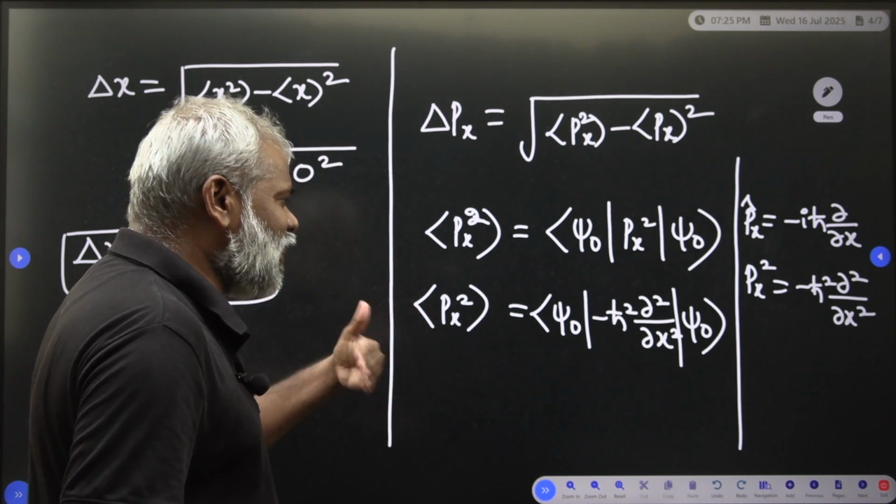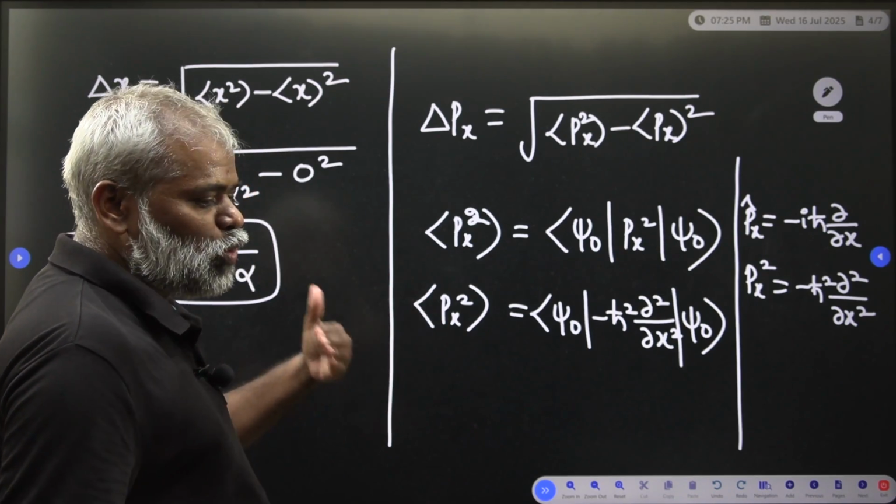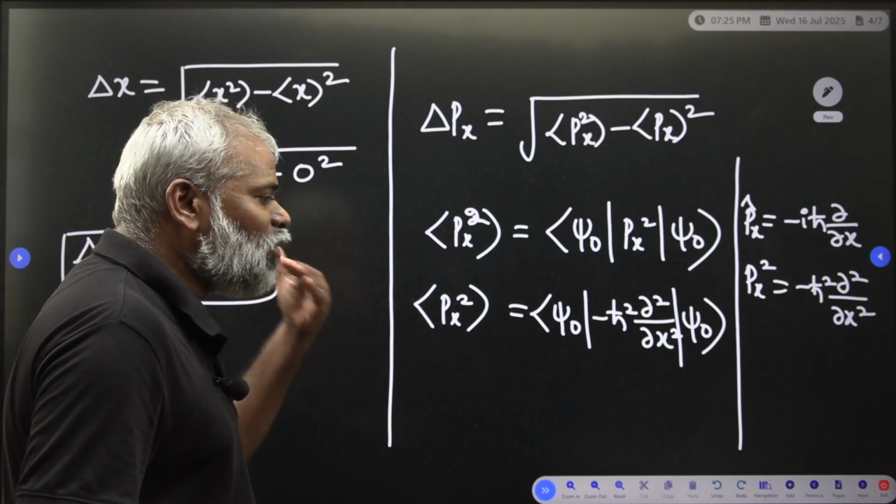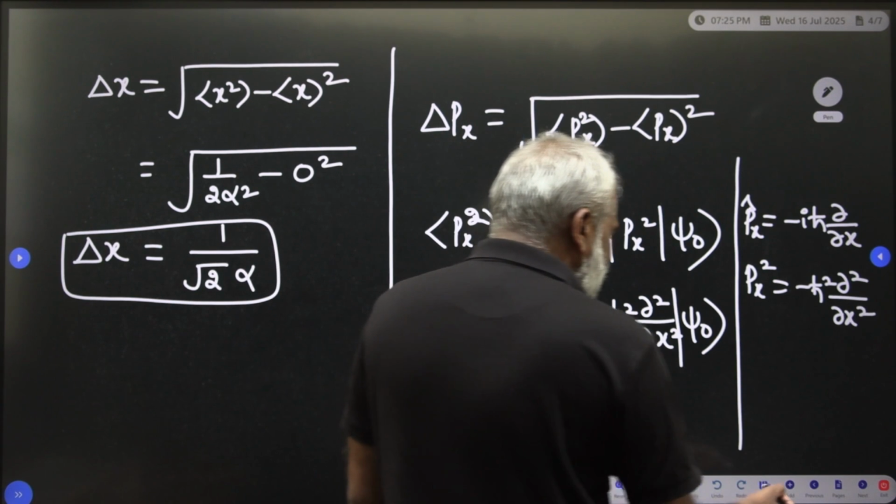Now, to solve this, we have to transform it in terms of the integration form.